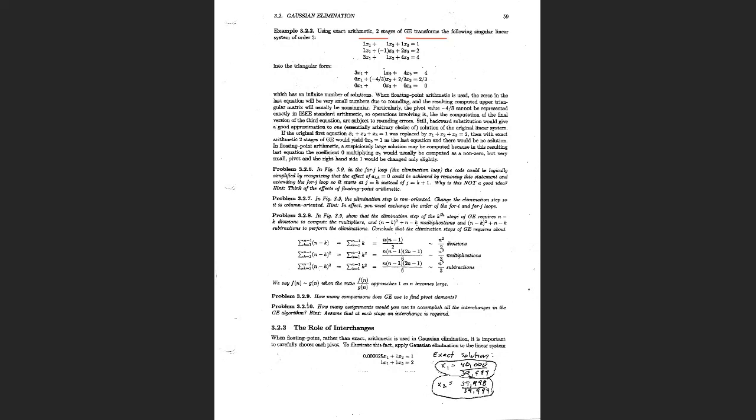All right, so what we want to do, and again, we're going to go to the next page, and we're being asked what result is obtained if Gaussian elimination is applied to this linear system using floating point arithmetic. So that means using decimals.